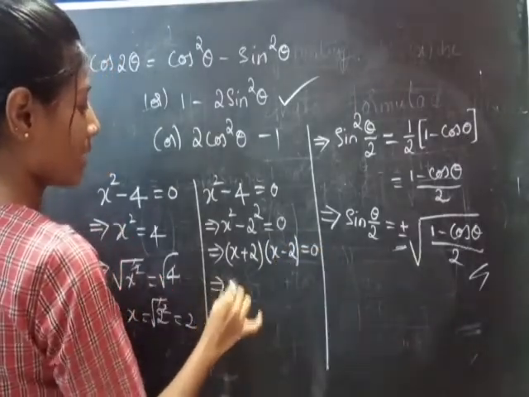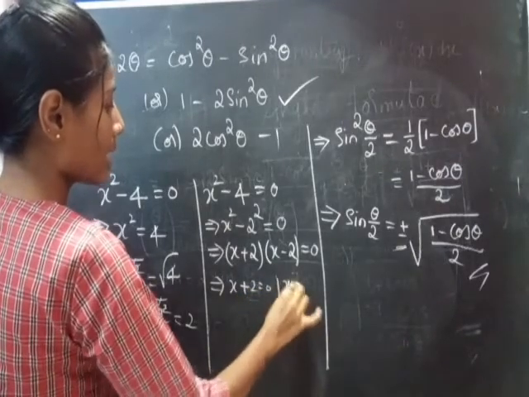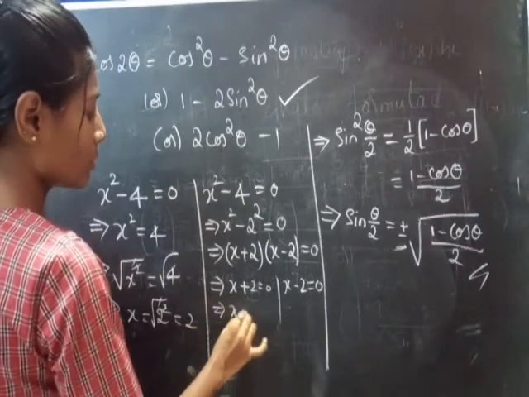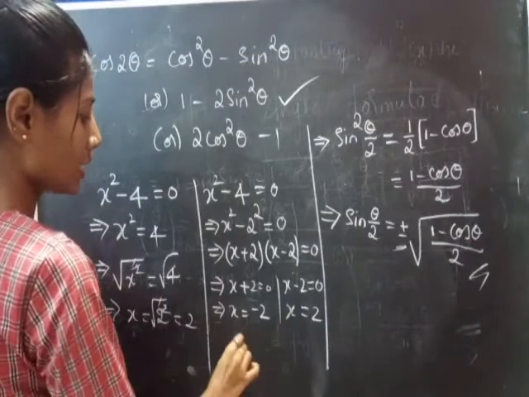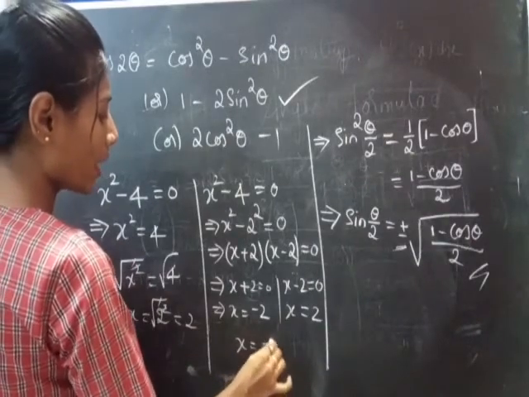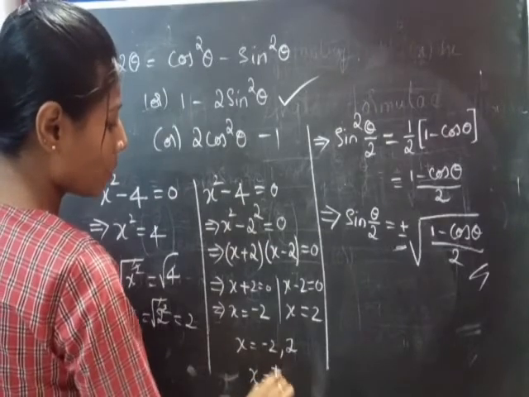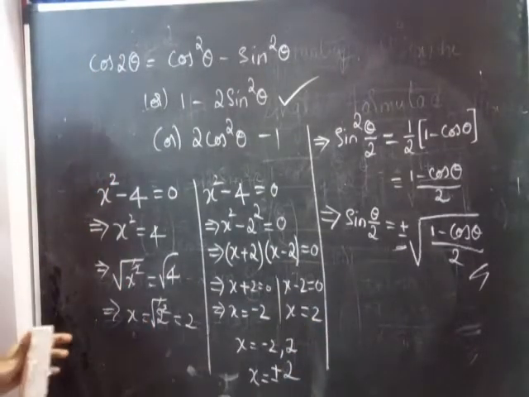So this implies x plus 2 equals 0 or x minus 2 equals 0. Here you will get x equals minus 2. Here you will get x equals 2. That is, x equals minus 2 comma plus 2. That is, x equals plus or minus 2.